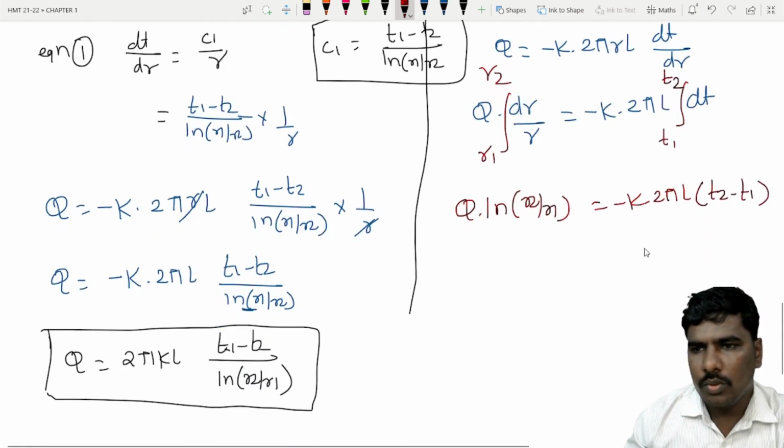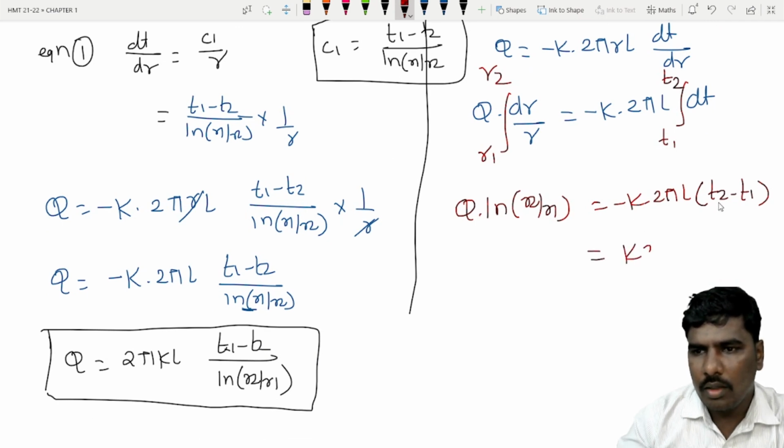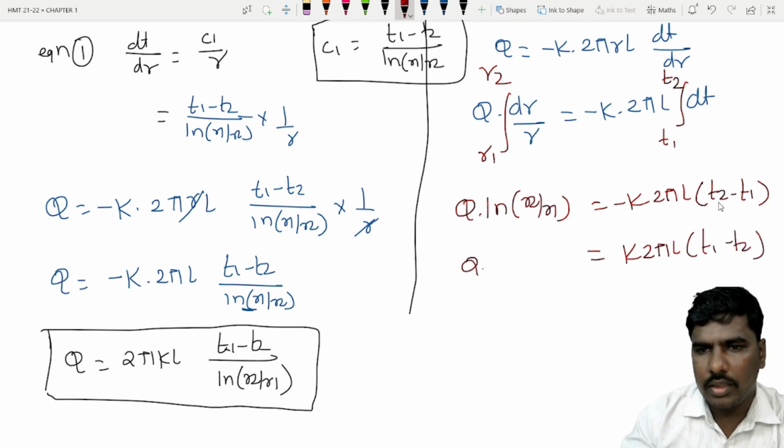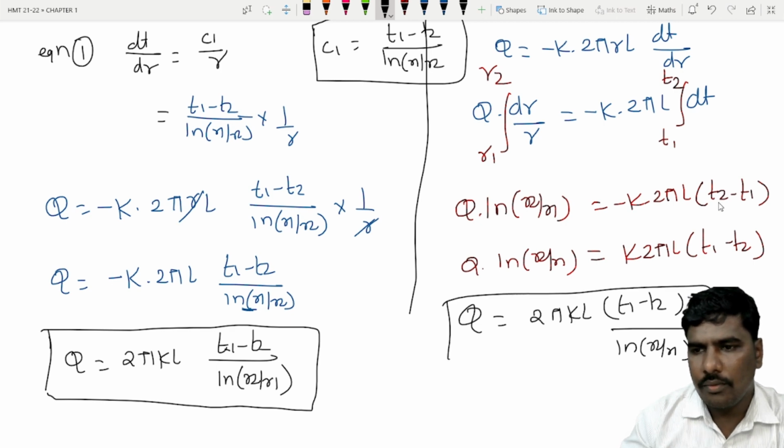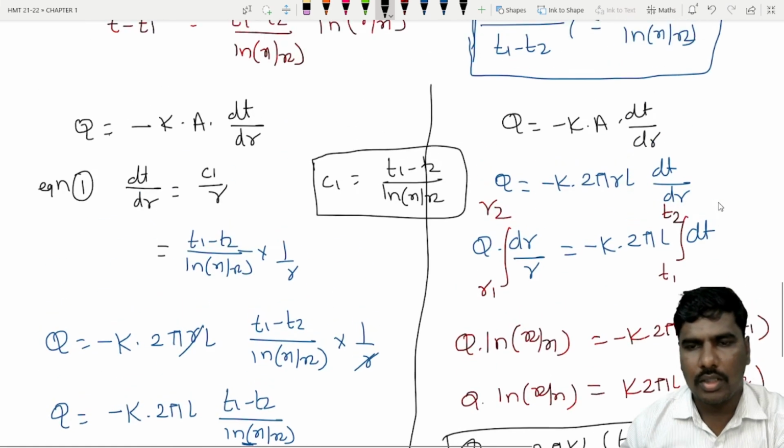Once you give this negative sign inside the bracket, this becomes k 2 pi l, T1 minus T2, and on the other side Q ln R2 by R1. If you simplify this equation for Q, you will get 2 pi k l, T1 minus T2, divided by ln R2 by R1. So this is the final answer by this method also.